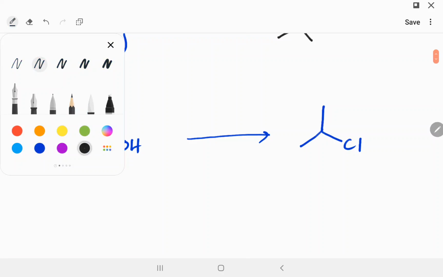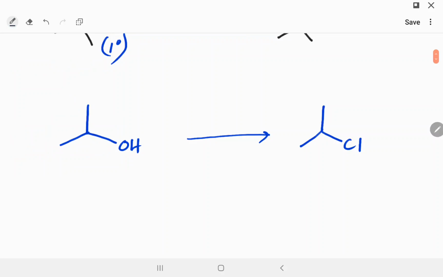Once again, you categorize your alcohol. This one right here is a secondary alcohol. So once again, if you have a primary or a secondary alcohol, you need to use SOCl2 if you need to get that particular product, right?